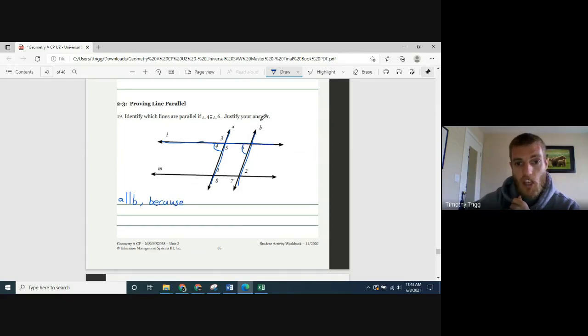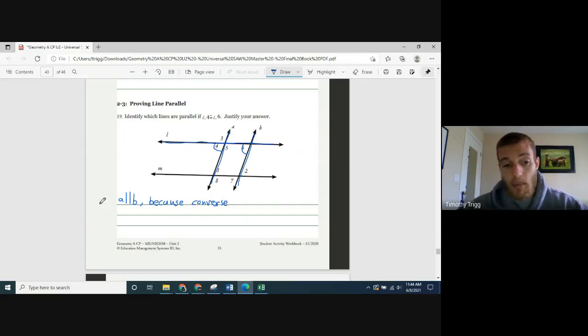Whenever they say justify your answer or give a reason, you're always going to say because, and then give that reason. Whenever we're showing lines are parallel, hopefully you remember we would use one of the converse properties. So because converse, that's a key word.